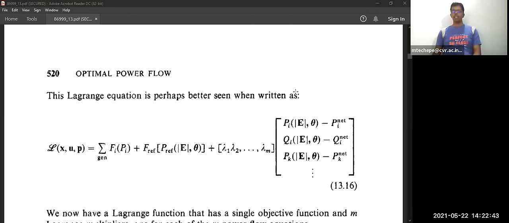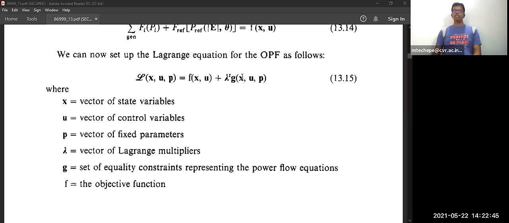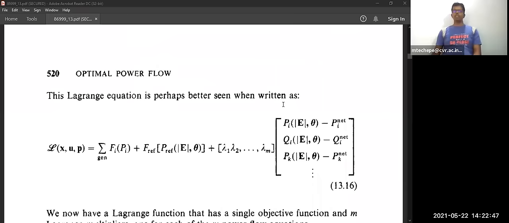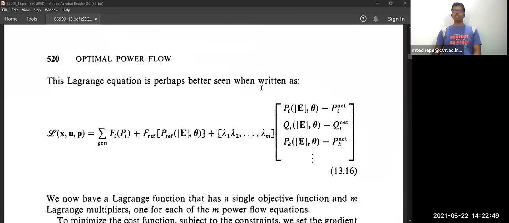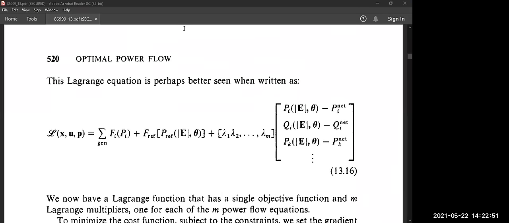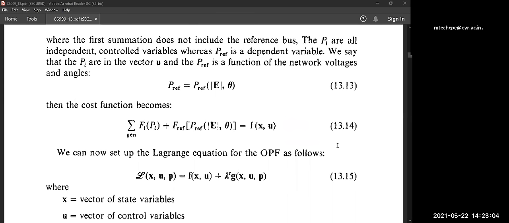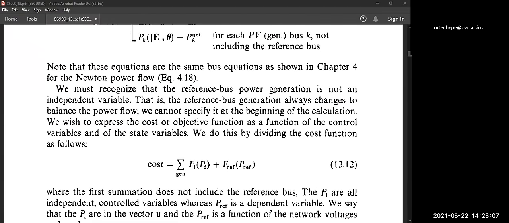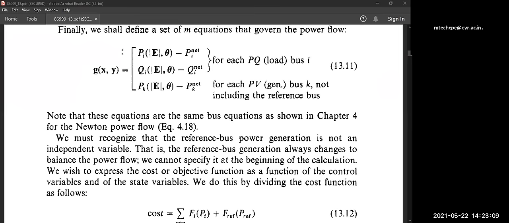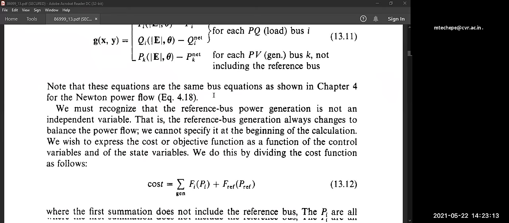This g of x comma u comma p, already derived, is Pi of e comma theta minus Pi net, Qi of e comma theta minus Qi net, Pk of e comma theta minus Pk net, from the previous equation g of x comma y. Just that substitution, that's it.